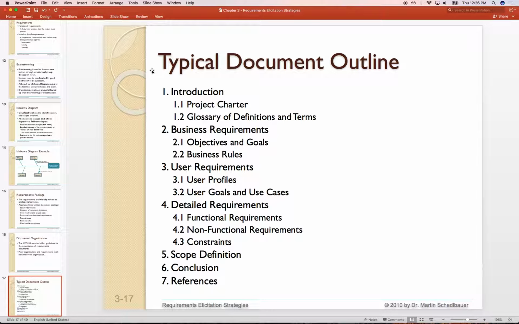As an executive, some glossary of definitions and terms. The matrix is not listed here. Probably somewhere up here it would be listed. You would have the objectives and goals, the business requirements, user requirements, functional requirements, and then the scope, conclusions, and references. So this is a preliminary suggestion on how to organize the requirements package document. Okay.